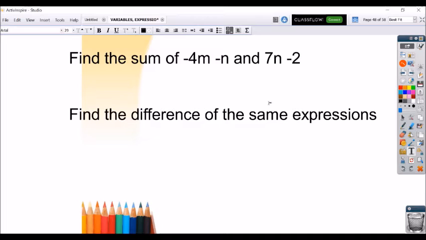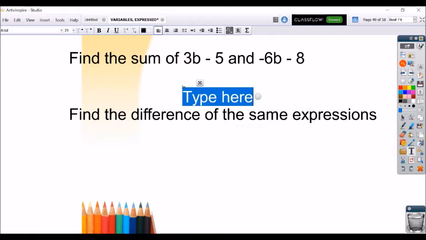So this is another example that we can do. So here I have 3b minus 5, and I'm going to type it out. 3b minus 5 plus -6b minus 8. Please note again that this did start with a set of parentheses around the second expression, but distributing that positive sign did not change any of these values.